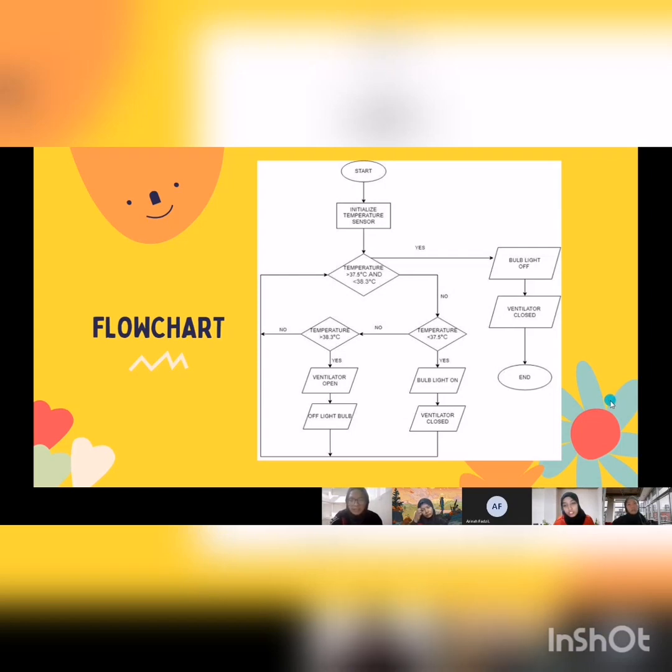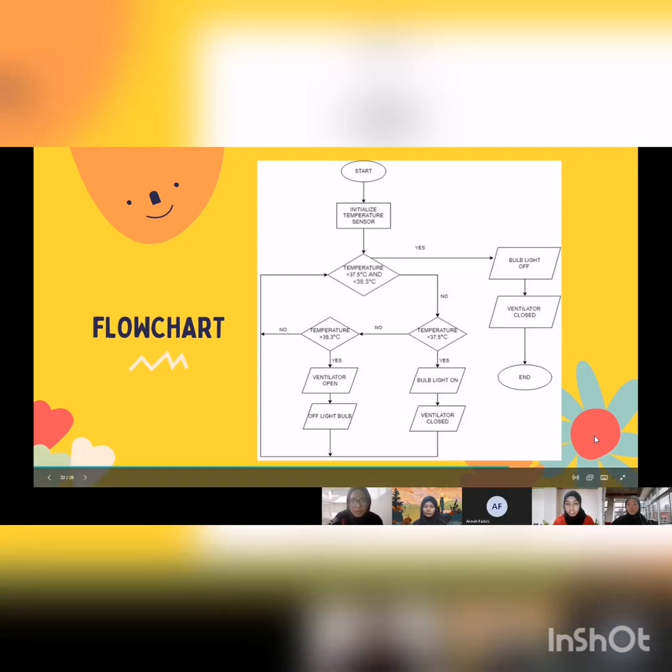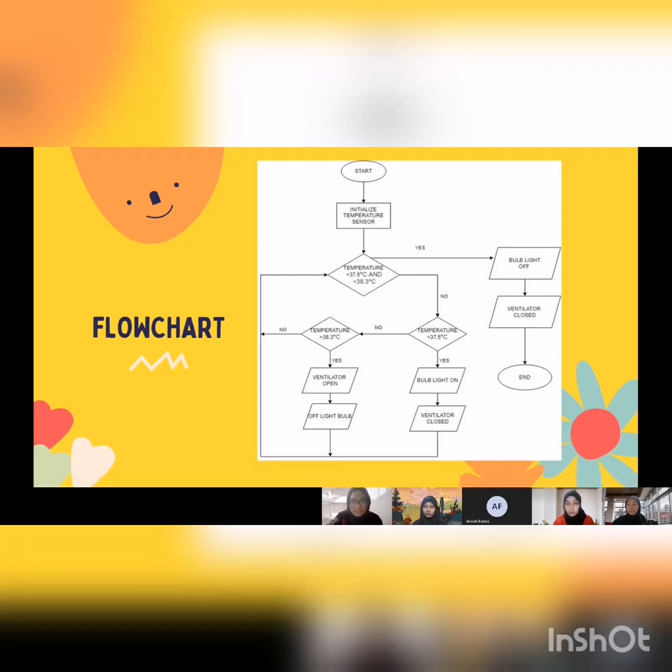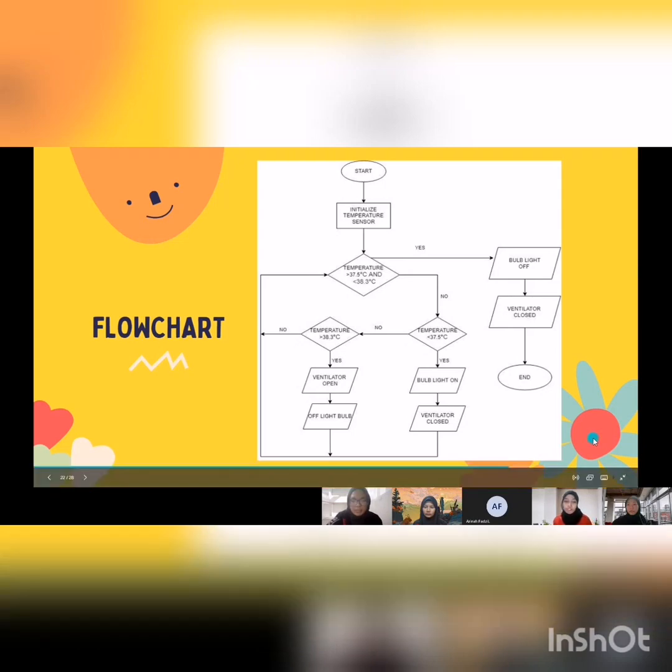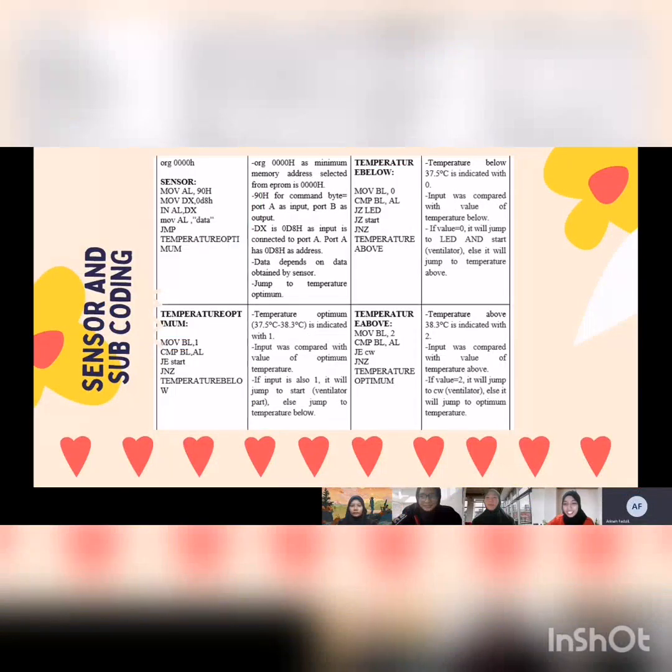If the temperature is lower than 37.5 Celsius, the bulb to heat the incubator will be on and the ventilator will be closed. But if the temperature is high, more than 38.3 Celsius, the ventilator will open, the bulb will be off, and the system will end.